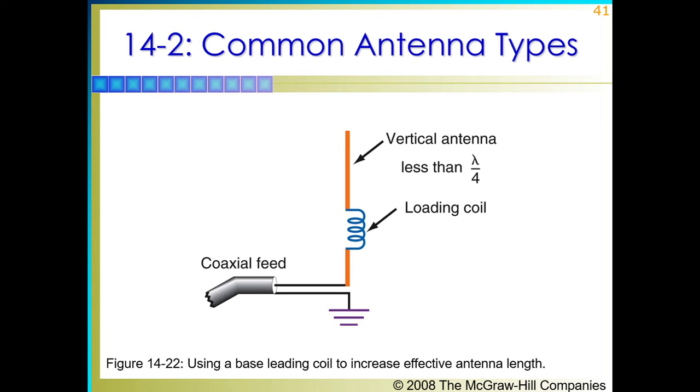The antenna no longer resonates at a desired operating frequency, but at a higher frequency. To compensate for this, a series inductor called a loading coil is connected in series with the antenna, as shown in the figure. The loading coil brings the antenna back into resonance at the desired frequency.